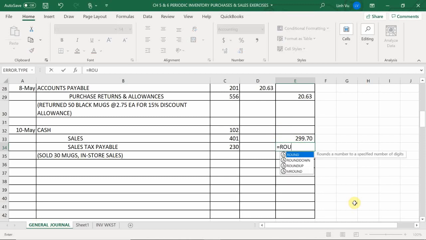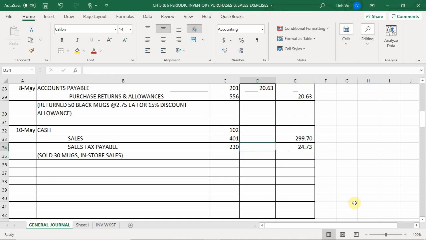How much tax am I going to be charging? $24.72 and a half, so round up.